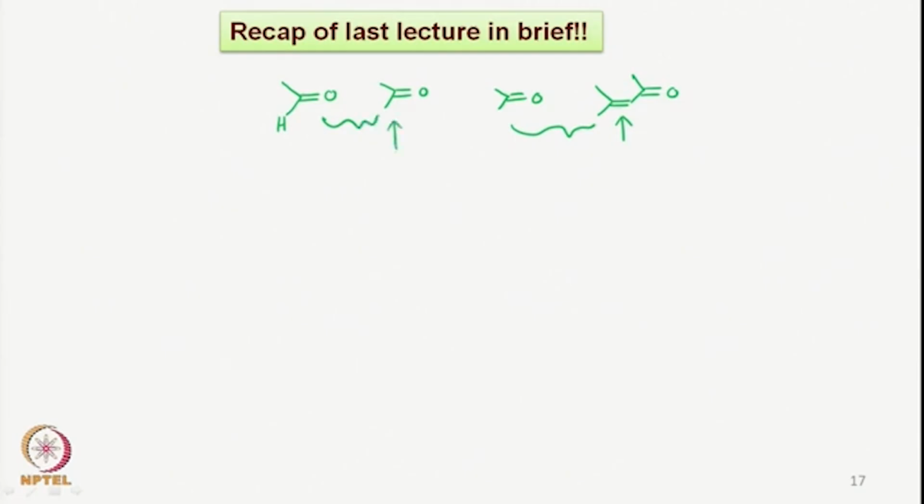In the presence of these two, the alpha beta unsaturated system is reduced; between these two, this ketone is reduced. We did various aspects of mechanistic considerations and found out how methanol gets activated by cerium chloride and releases the H plus to be attached to the more basic ketone or more basic enone, and therefore there is a selectivity in terms of reduction of a ketone in comparison to an aldehyde, or an enone in comparison to a ketone.